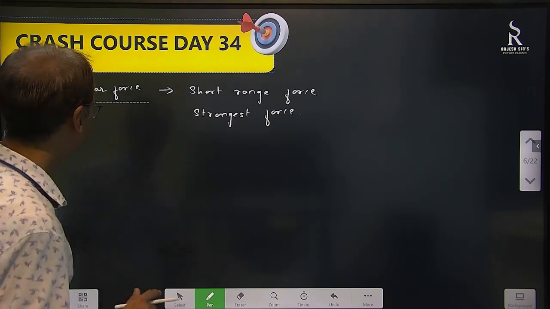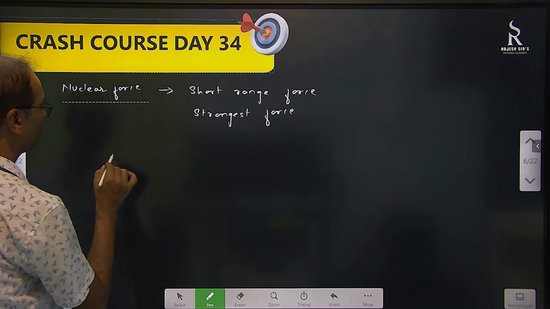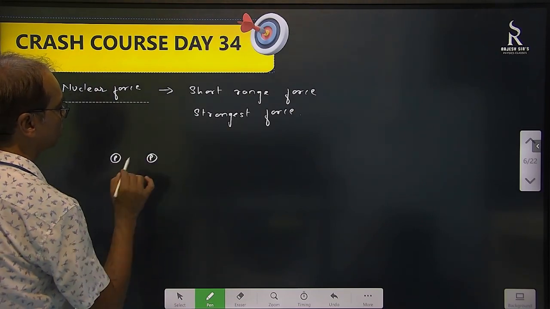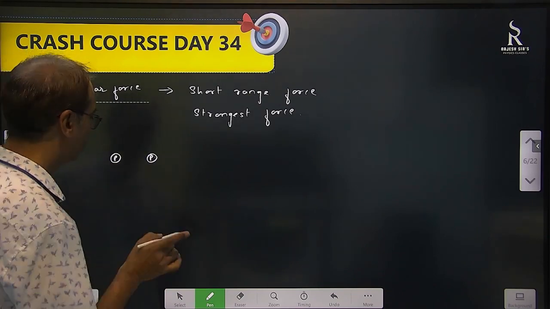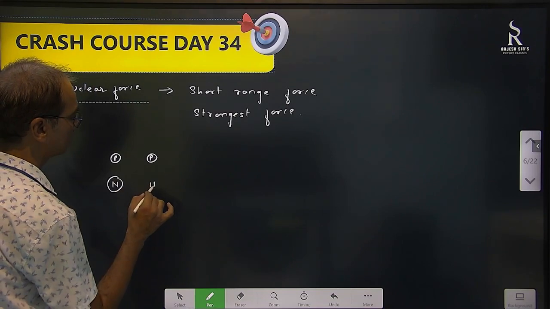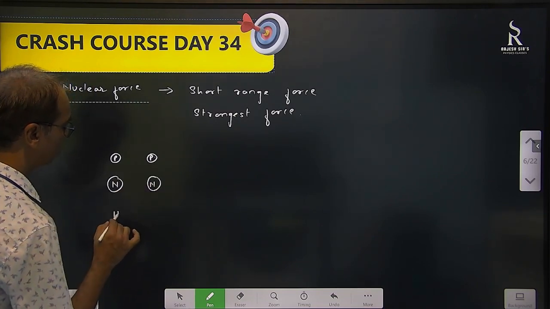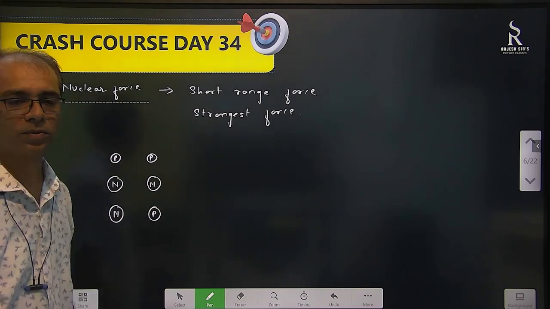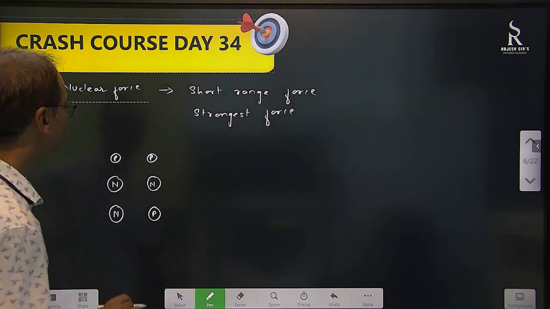So suppose we talk about a proton and proton inside the nucleus, neutron and neutron, and neutron and proton. On which two pairs is the net force more? So what happens on proton and proton?